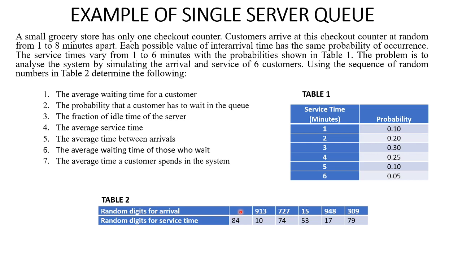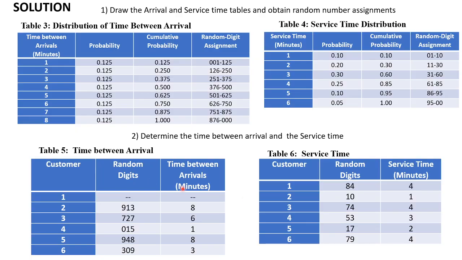So we have random numbers 1, 2, 3, 4, 5. The reason is that the first customer has no inter-arrival time, because there's no other customer in the system. So it comes in at no time, that is 0, since there's no arrival of another customer before this customer.